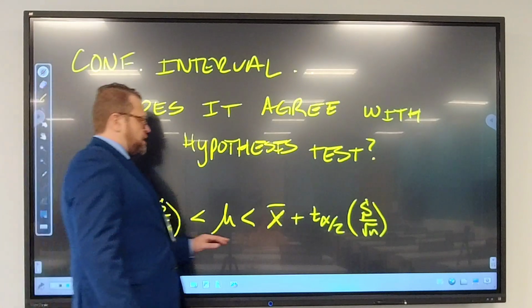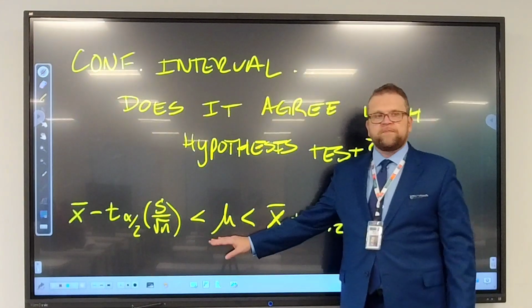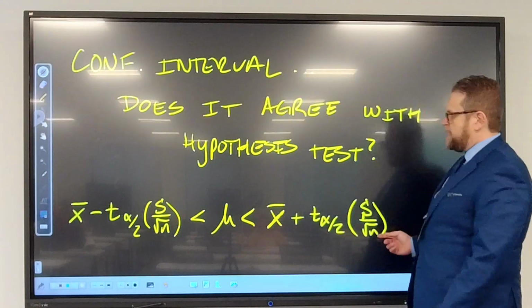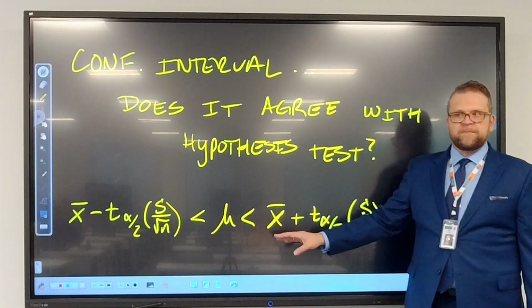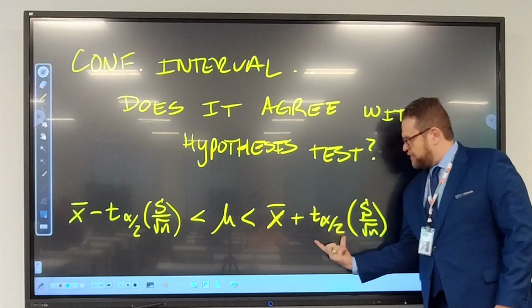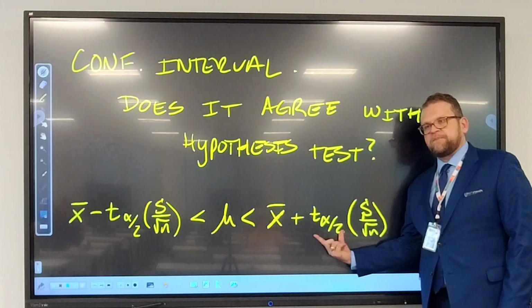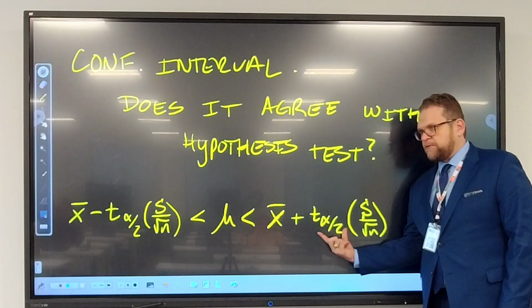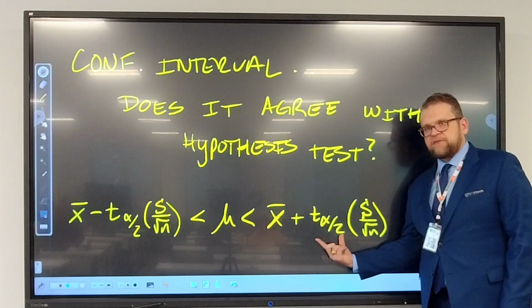So here is a confidence interval. This is a confidence interval for mu. This bunch of writing says that mu lives between these two numbers to what degree of confidence? That degree of confidence is associated with this. However confident we want to be, this number depends on that confidence.